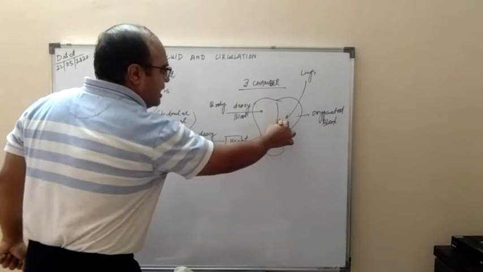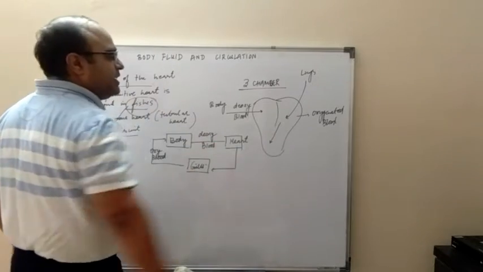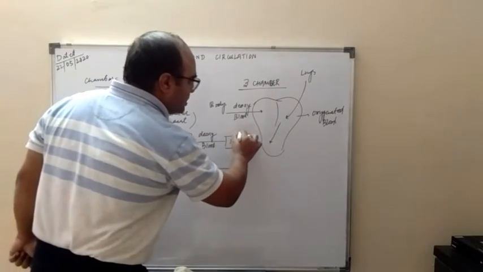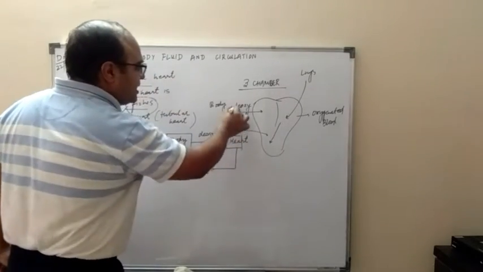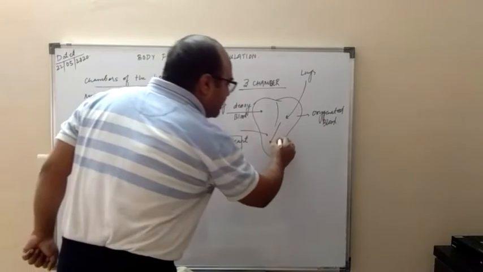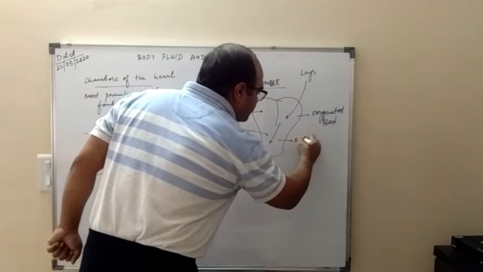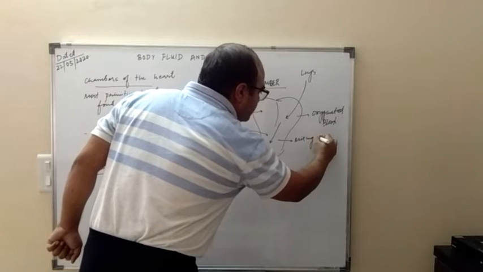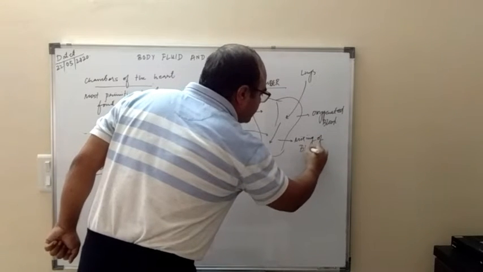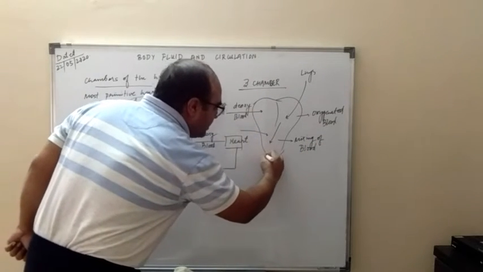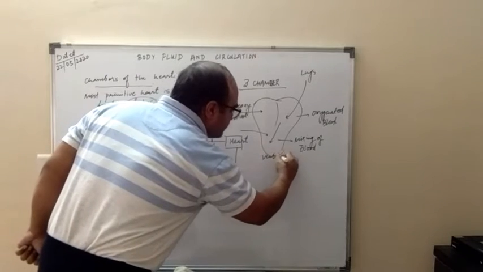But eventually as the blood passes over here, because this is also receiving the deoxygenated blood, there is a mixing of blood. Where? In the ventricles.